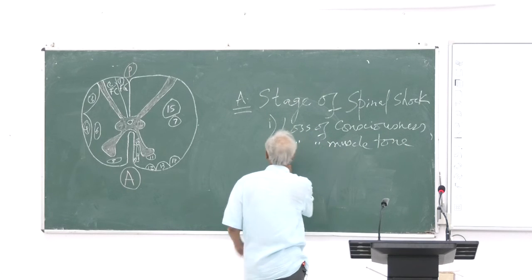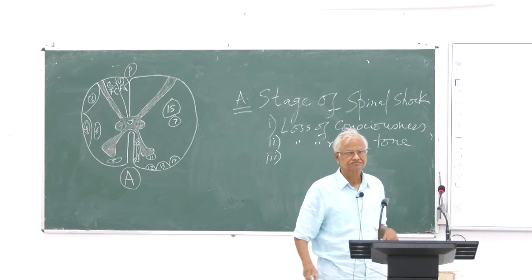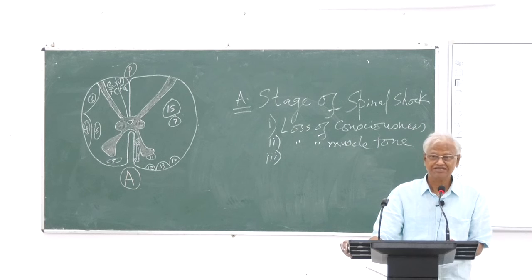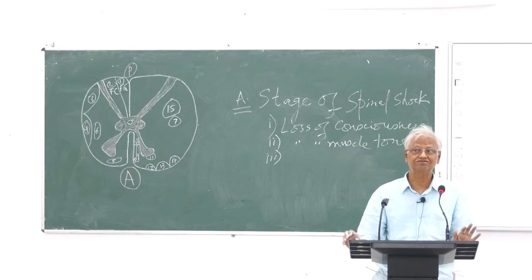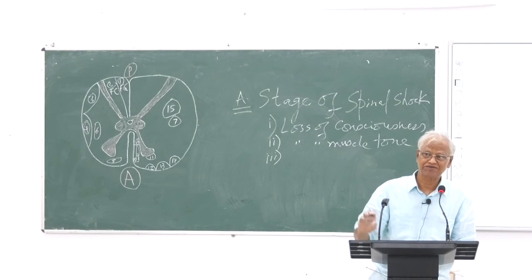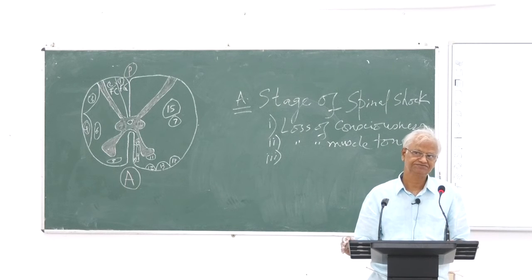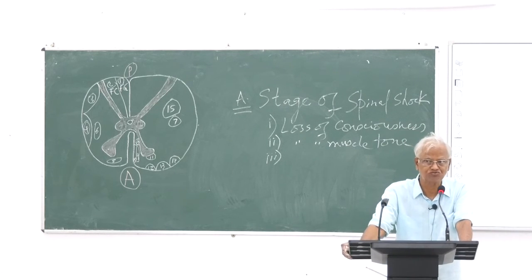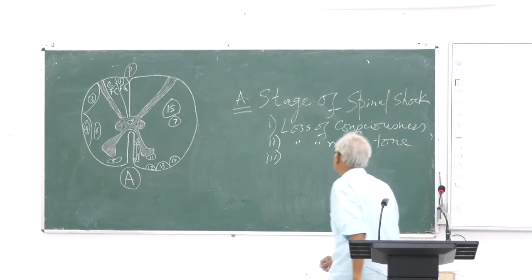You know what is muscle tone? Yes, all skeletal muscles in our body are all the time in a partially contracted state. So some tone is always there, whether it is working or not working. And this is called muscle tone, that partially contracted state. Complete paralysis of muscles.